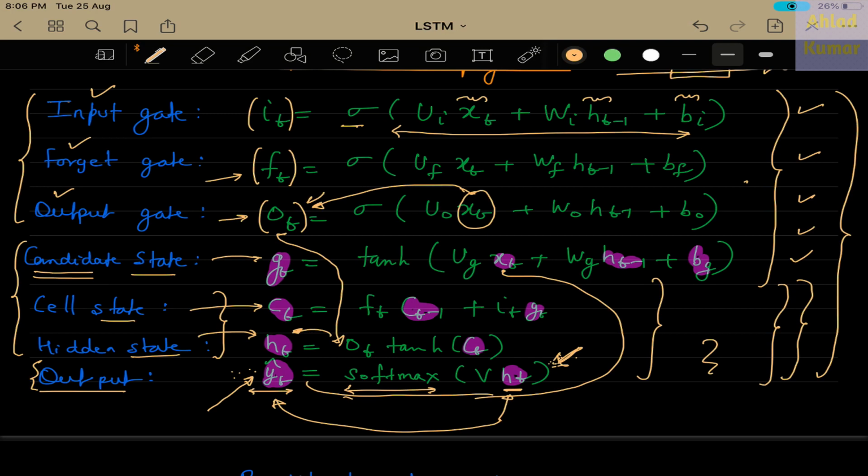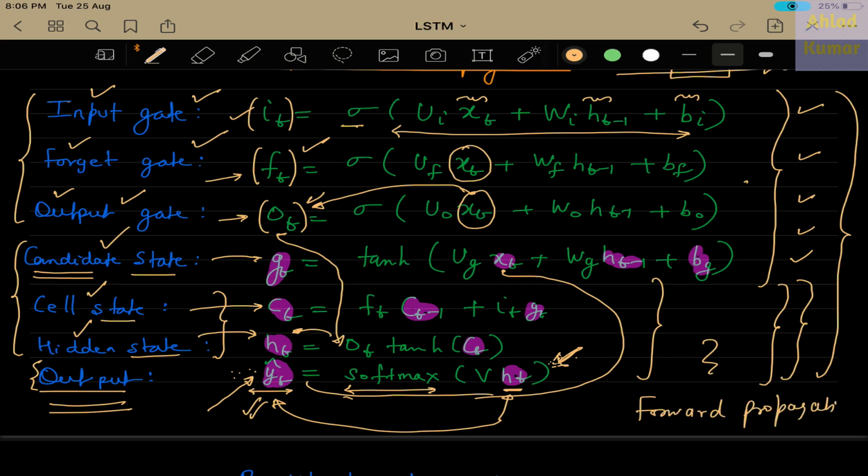Similarly, you can go for the other gates also, the forget gate and the input gate, and you will find a similar observation where the input information is passed down to the y hat t. So all these equations that govern the input gate, forget gate, output gate, candidate gate, and the states like cell state and hidden state to the output constitute the phenomenon of forward propagation. So this is called forward propagation.